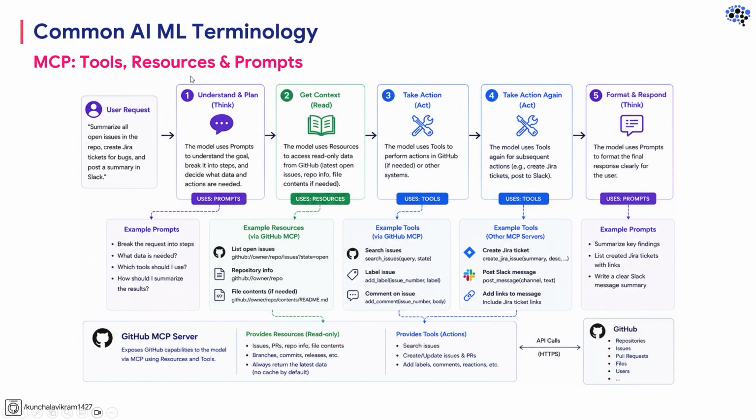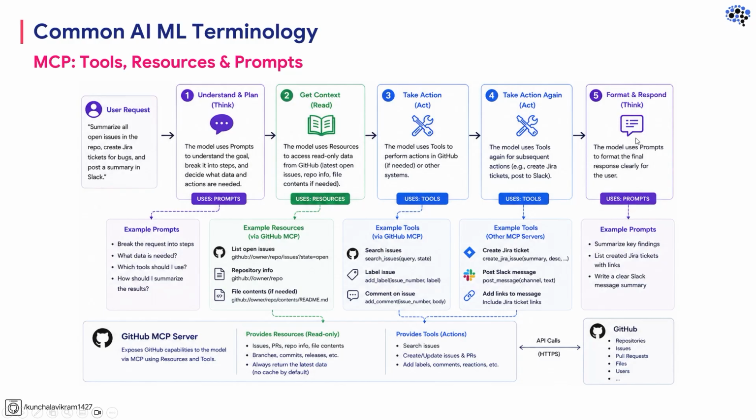And finally, once it creates all the issues in Jira, it has to post a message in Slack. Now, what format should an AI model use to post a message? Should it just post a list of PRs or anything like that, right? This is where a prompt template comes into the picture.